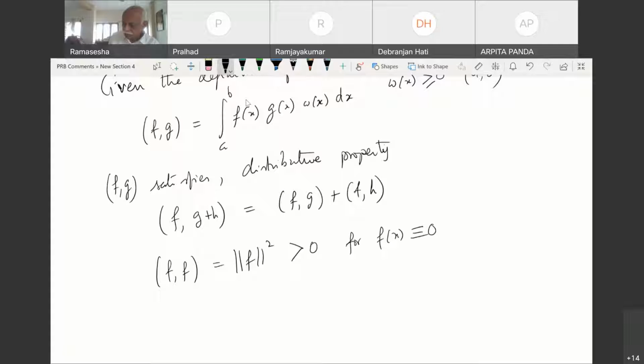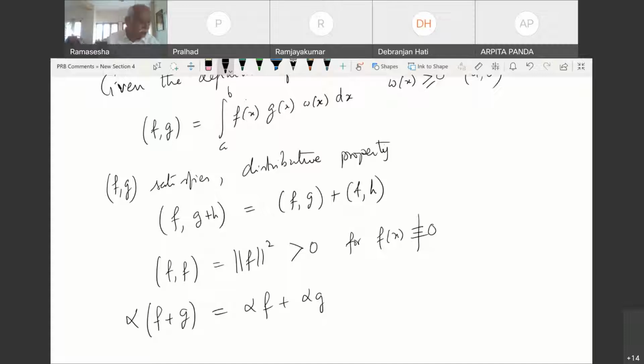Okay, and various properties are satisfied. We also have the other, take a constant alpha and multiply it with g, then I get alpha times (f, g).